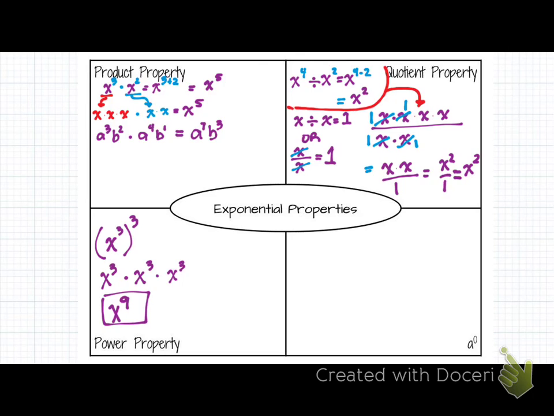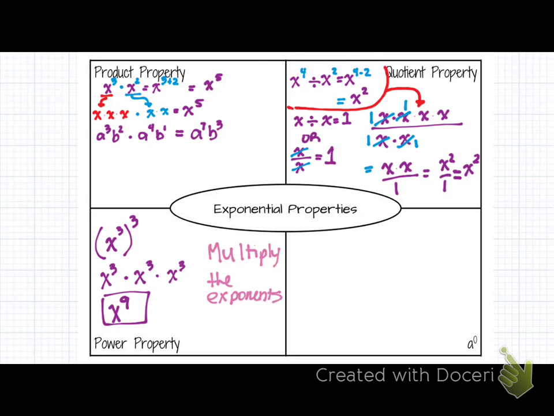So I noticed that we're starting to see patterns here. As you're writing this down, on this last box, power property, you notice we multiply the exponents. Multiply the exponents. That's the trick here on the third one.